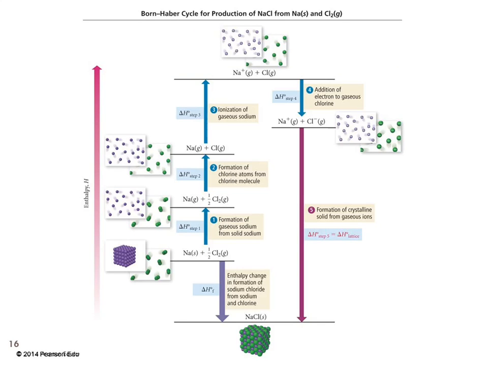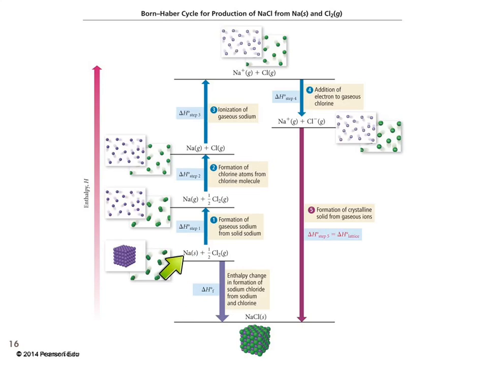So this is the Born-Haber cycle for production of sodium chloride from sodium metal and chlorine gas. Let's see, where are we? I have to orient myself. Okay, so here is the heat of formation for sodium chloride, the standard heat of formation.